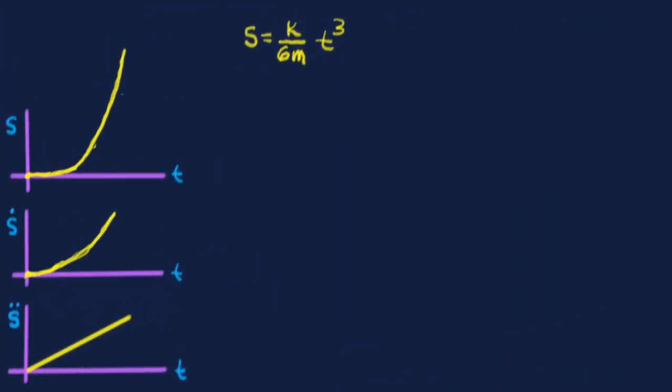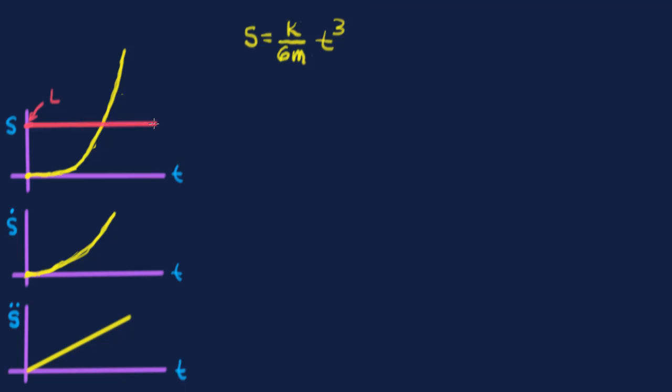Now here's my position. Now I'm interested in what happens when the position reaches some value of L. I'll denote that location L right there. Well, I've got this expression right here. What I can do is find the time at which the position is equal to L. Draw a little construction here.